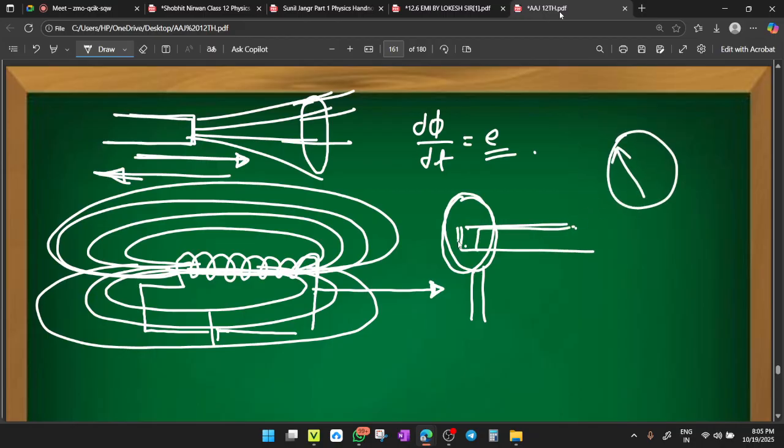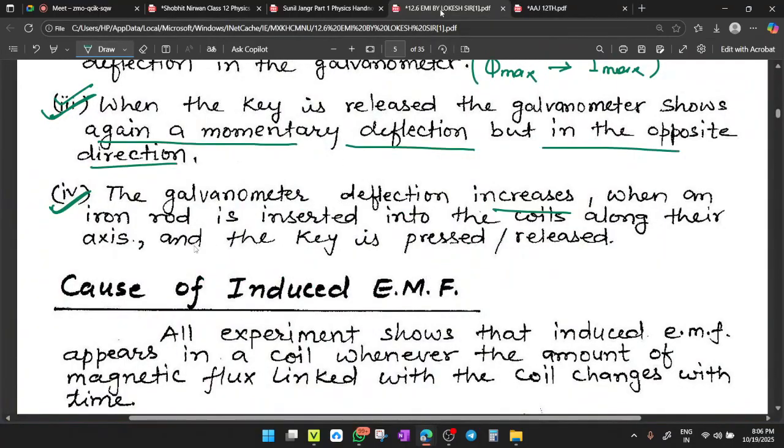Why? Because soft iron is a ferromagnetic material, and when you keep this iron rod inserted within the coil, the amount of magnetic field will increase. You know, for ferromagnetic material the magnetic susceptibility is quite high, so the magnetic flux will increase. So current will also increase. This is an extra point. It may be asked what happens when you insert an iron rod into the coil along the axis.